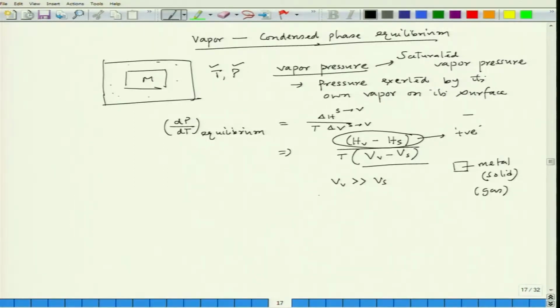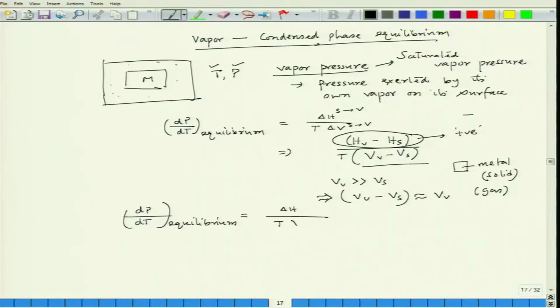I can simply write V V minus V S as V V. So, the equation turns out to be dP dT equal to del H by T V V.